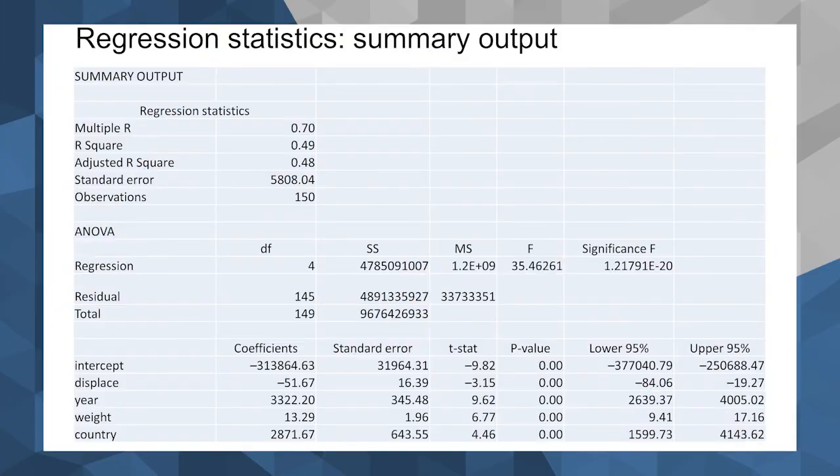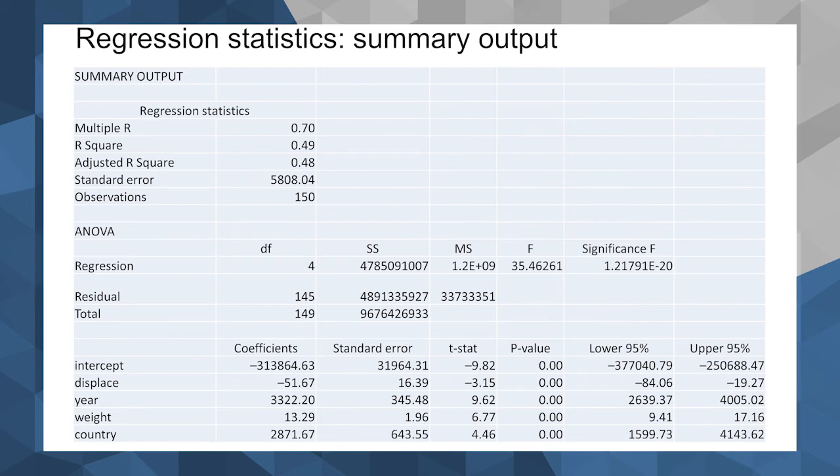So this model is an example of a regression model where we are trying to predict the price of a car. In this case, we are predicting the price of a car as a function of displacement, the year it was produced, the weight of the car, the consumption of the car, and the country.